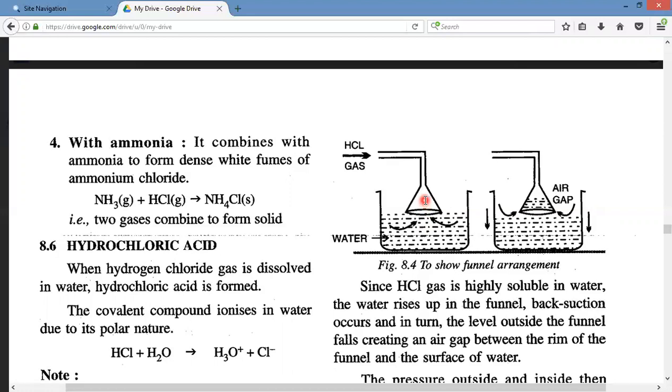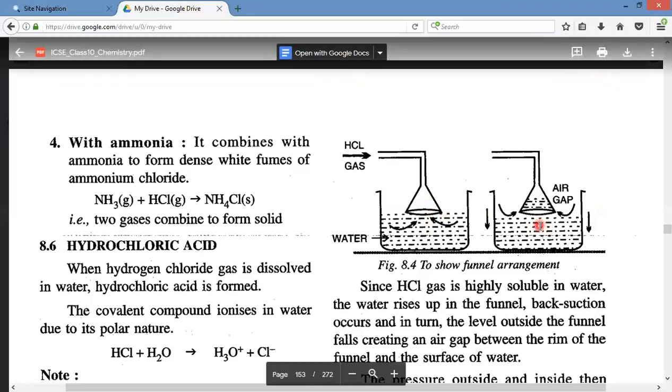As the water rises up, again the pressure difference maintains a gap between the surface of the water and the rim of the funnel. I'm repeating.